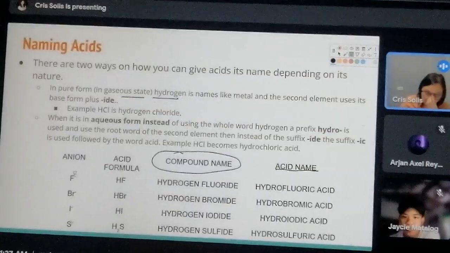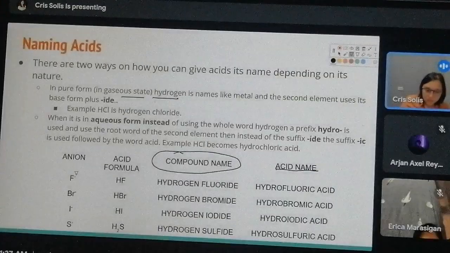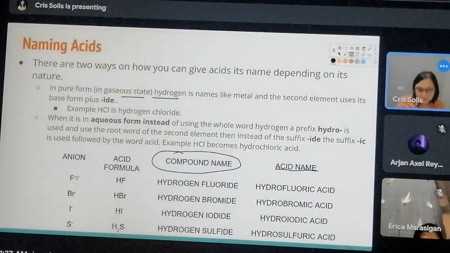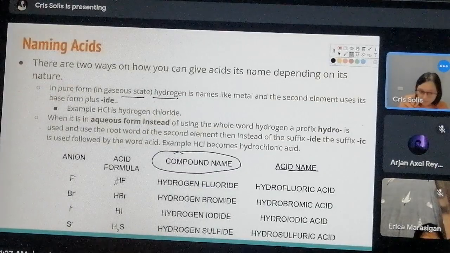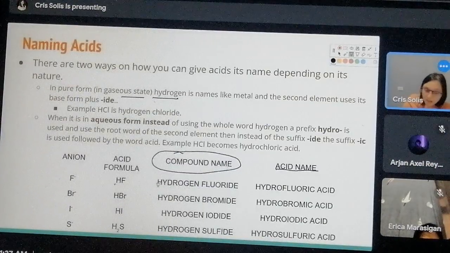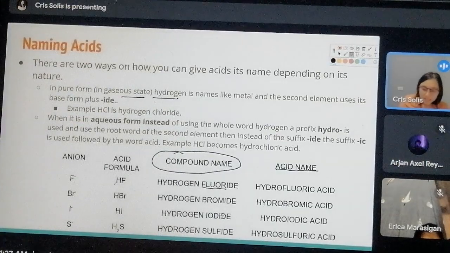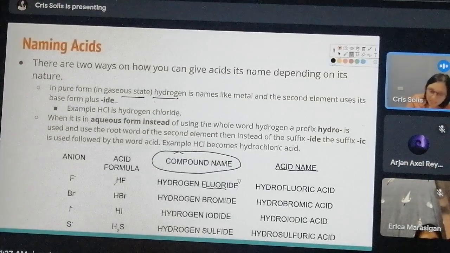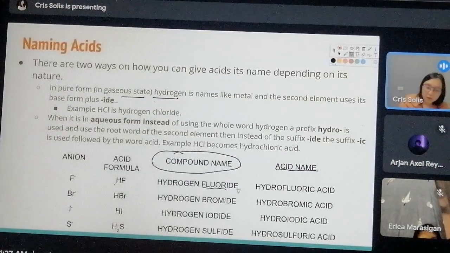Example natin, acid formula, HF. Compound name, hydrogen. Fluor is the root word plus the suffix -ide, kaya hydrogen fluoride.